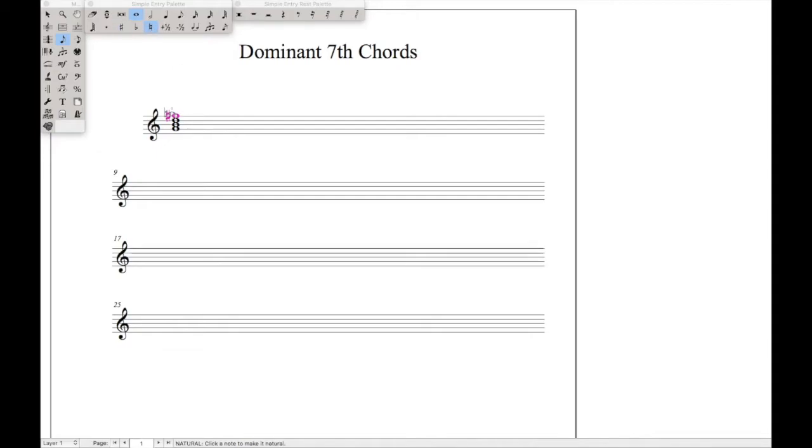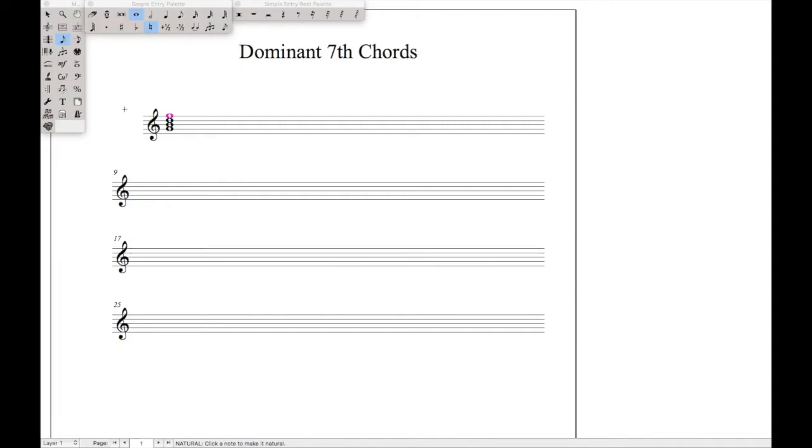So that's why when we go back to what I had before, which was an F natural, we know that note doesn't really fit in the key of G major. And so that sort of gives us a hint into another thing we can know about dominant seventh chords. It's that they don't show up exactly where we think they're going to in a key. So this is my G dominant seventh chord, or we can just call it G7.